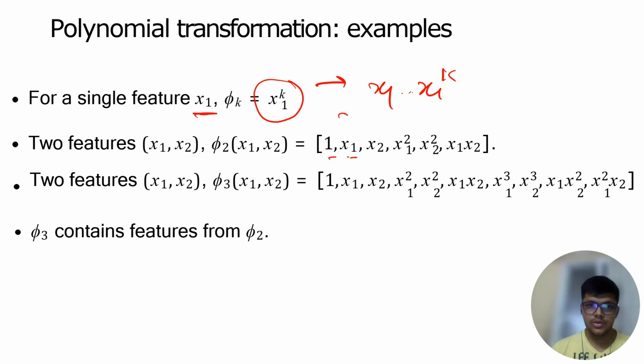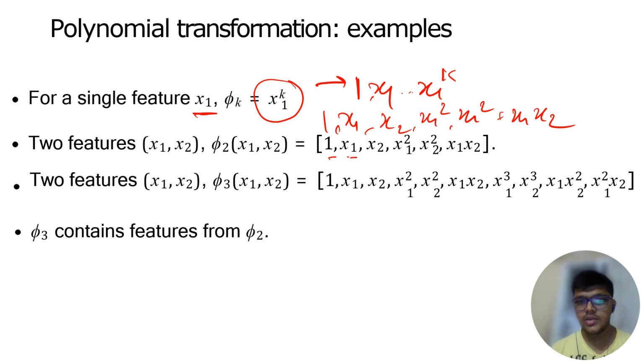Since there are two, we write it by default as 1, x1, x2, x1 square, x2 square. We also have x1 x2 and so on as we increase the power. So here it is a 2-degree polynomial, and here it is a 3-degree polynomial. In this case, again we are getting an x1 square times x2 term. This is how it will keep on growing as we increase the degree.